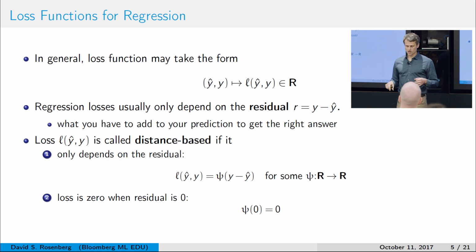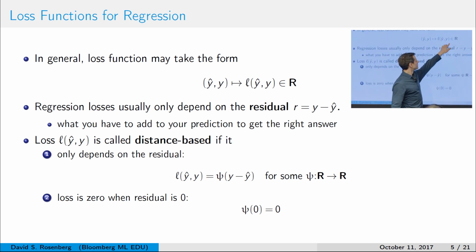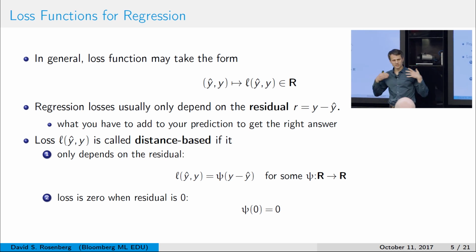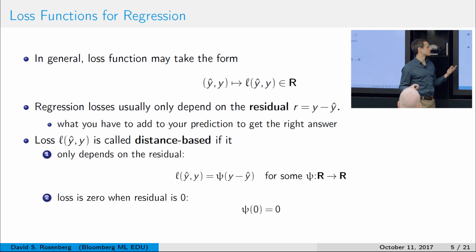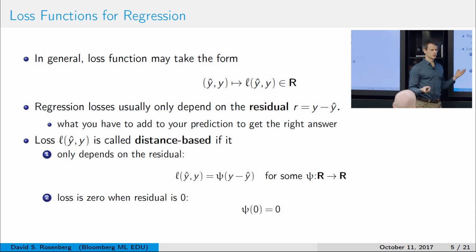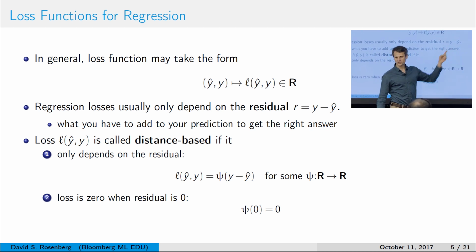So in that case, a general loss function for regression would take a y hat and a y as input and produce some real number, the loss on y hat and y, as output. That would be the generic form of a regression loss function. But usually, regression losses only depend on what's called the residual, which is the difference between what you wanted to predict and what you actually predicted.